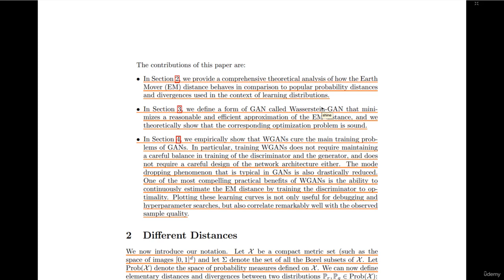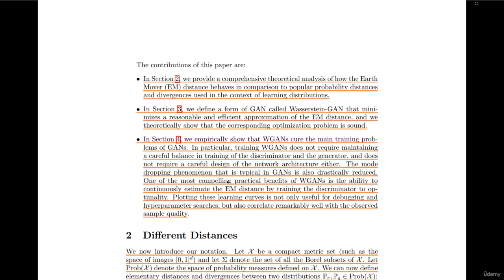In particular, training W-GANs doesn't require maintaining a careful balance in training of the discriminator and the generator, and does not require a careful design of the network architecture either. The mode dropping phenomenon that is typical in GANs is also drastically reduced.